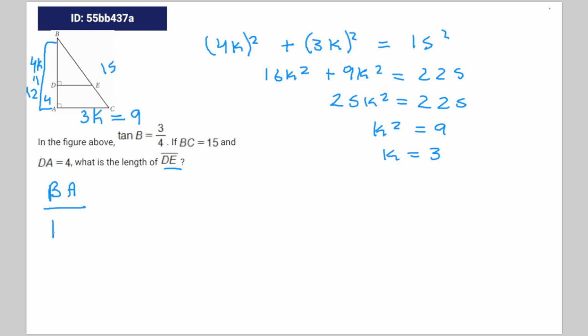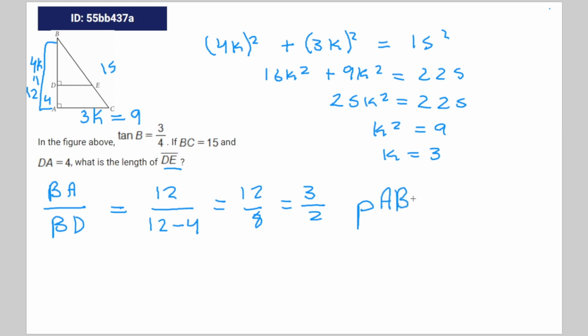BA over BD is equal to the value of BA, so 12, divided by the value of BD, so it's going to be 12 divided by, minus 4, sorry, 8, which is equal to 3/2, which means that the perimeter of the triangle ABC is equal to 3/2 the perimeter of BDE.